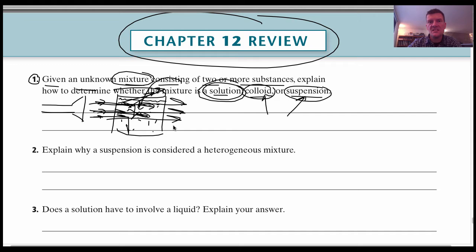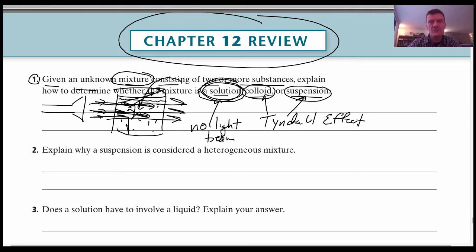You will not see any light beam if you pass that flashlight light through a solution. So that's the difference. Here you're going to have the Tyndall effect. It's called the Tyndall effect. But here you will see no light beam. Okay, so that's one way to test to see if they are solution, colloid, or suspension.